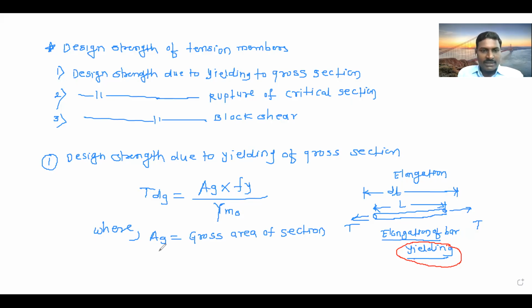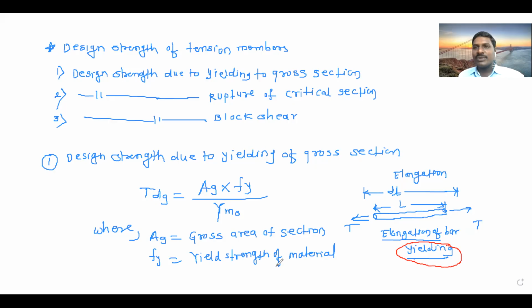Then second is Fy. Fy is the yield strength of material, and that depends on the grade of steel.